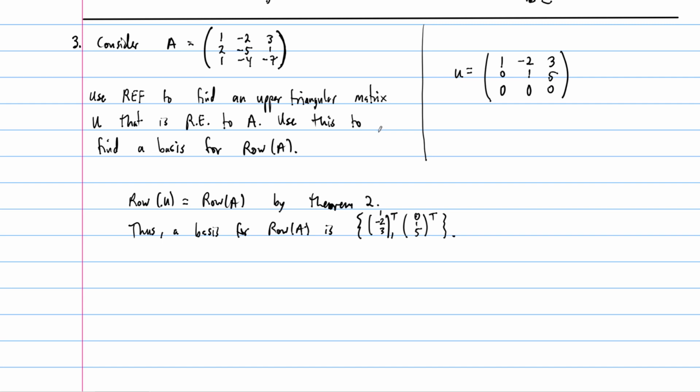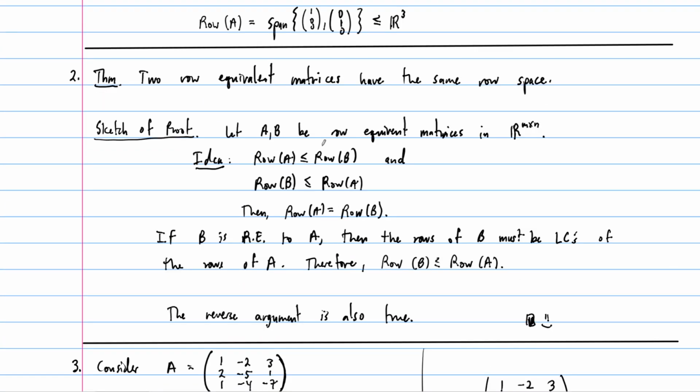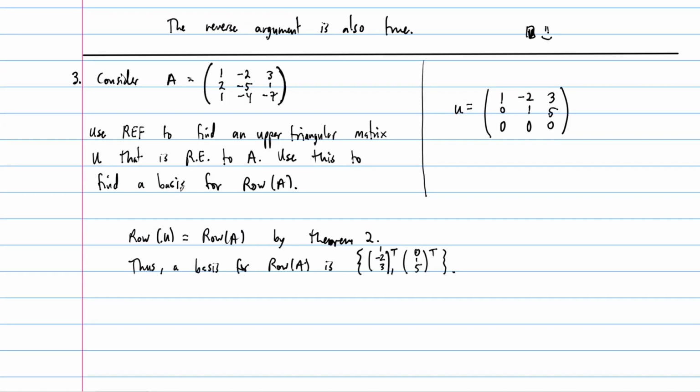Now, if you thought about the column space, then the same is not true. This theorem doesn't say anything about the column spaces being equivalent after row operations. Row operations are definitely going to change the column space, and we can see that just by looking at these two matrices.